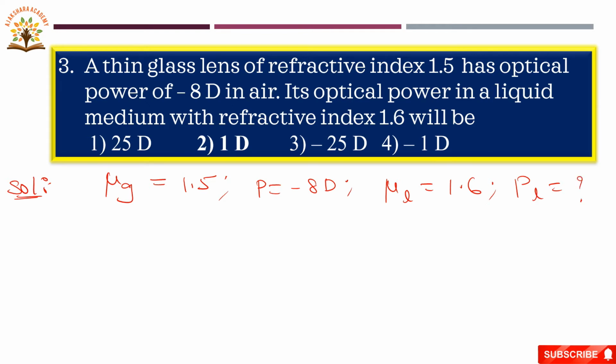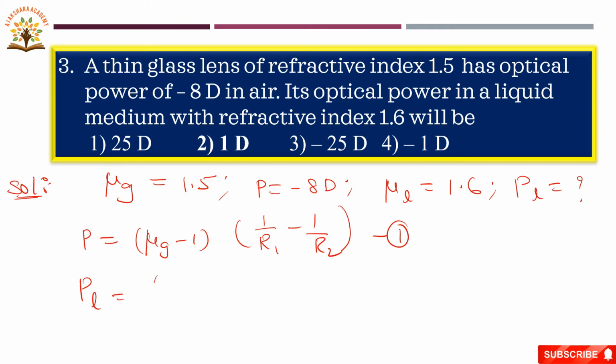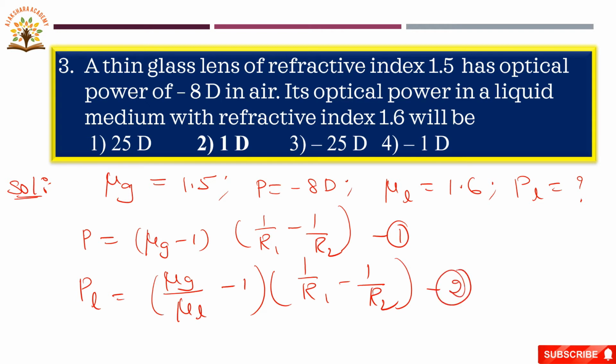Now P is equal to mu G minus 1 of 1 by R1 minus 1 by R2. Consider this as equation number 1. And in the presence of liquid, it is mu G by mu L minus 1 of 1 by R1 minus 1 by R2. Consider this as the second equation.